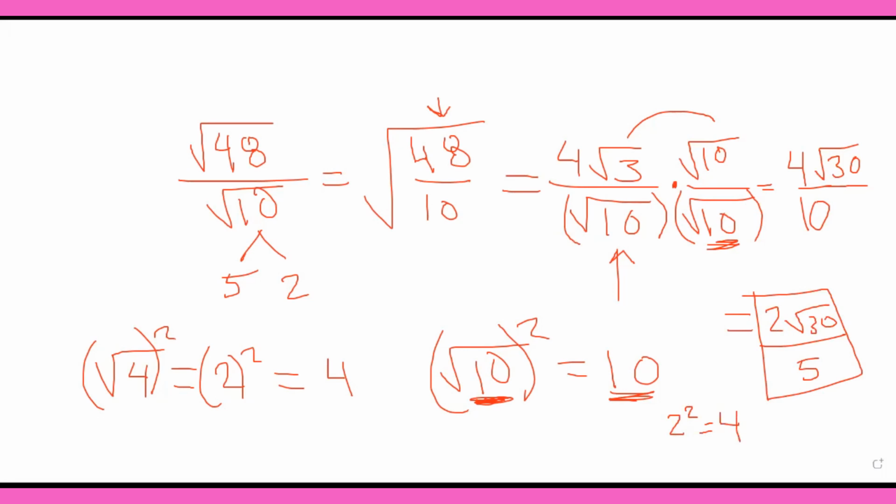So if your number can't be divided by 4, most likely it is not going to be reduced when we're talking about these higher up, larger numbers. So that would be our reduced radical there.